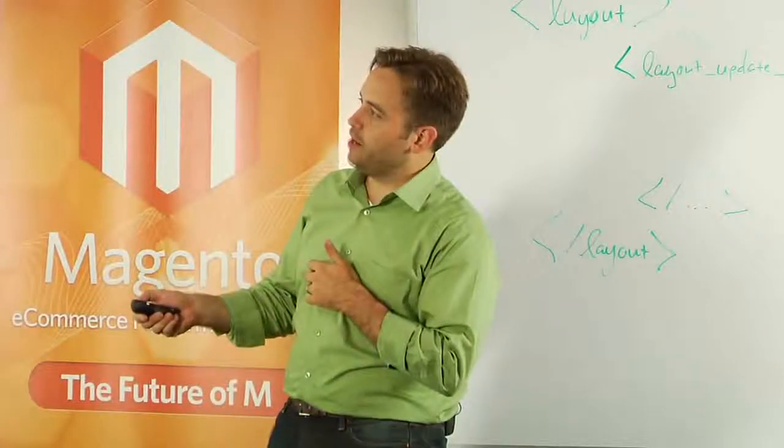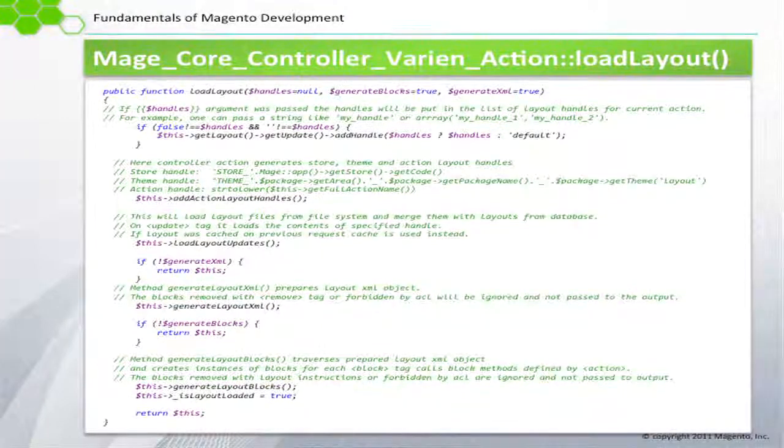Here you see Magento generates some automagical handles. So if you didn't already have enough flexibility, you see here: store underscore Mage::app()->getStore()->getCode(). Theme: package getArea, package name, package theme. So by default, if I wanted to add some layout instructions in my local XML file, I could actually specify a store code.